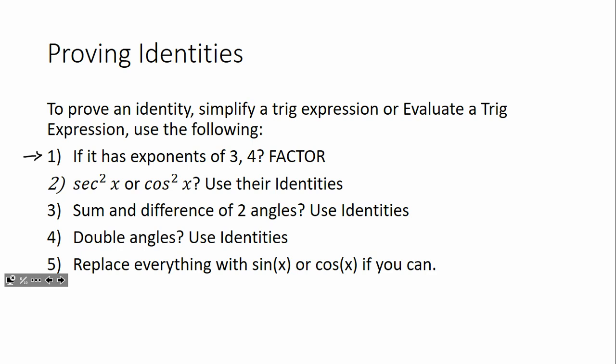Whenever you have something squared, you might want to use a Pythagorean identity or a quotient identity, which is those reciprocals. So remember, secant belongs to cos, so it's the same thing as 1 over cos. Sum and difference, which we just talked about, and double angles we talked about. Replace everything, so we write it as sine or cosine is usually a good call.